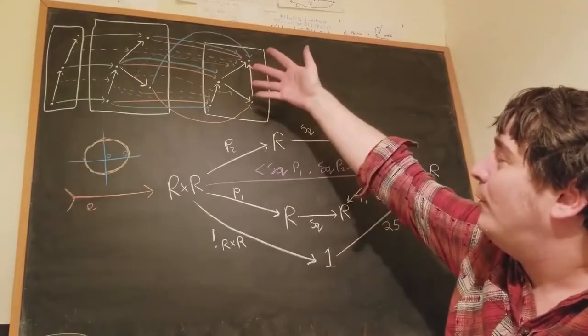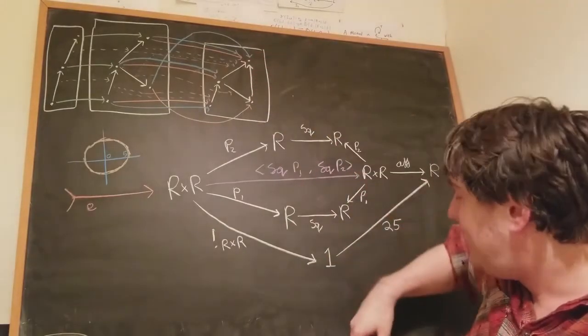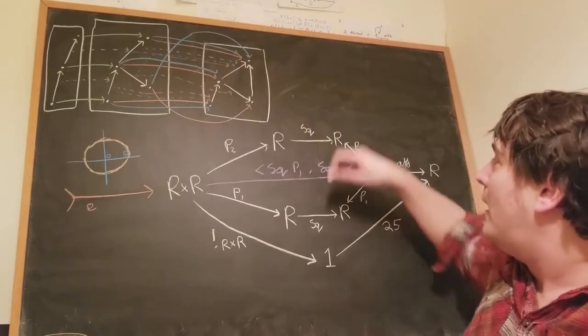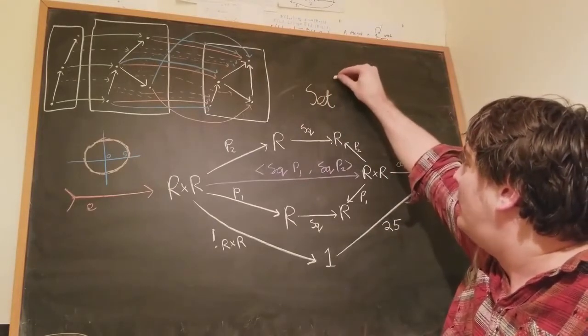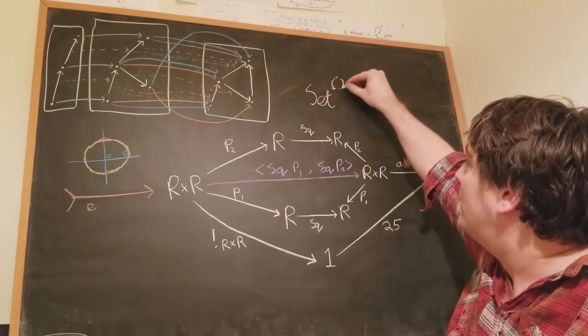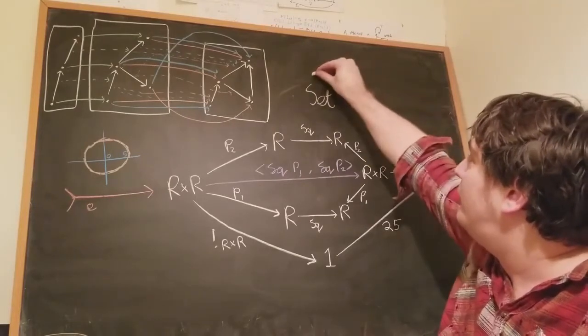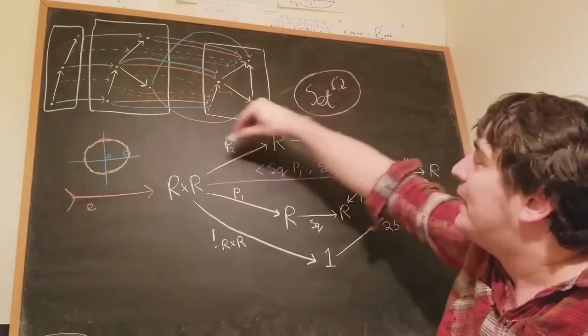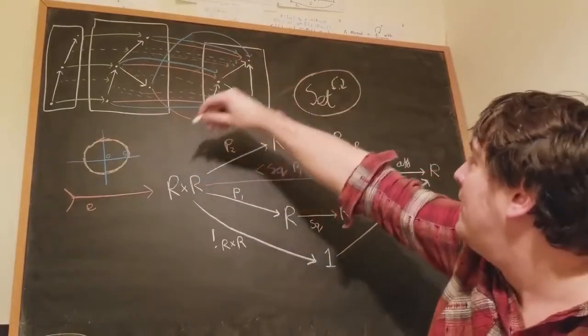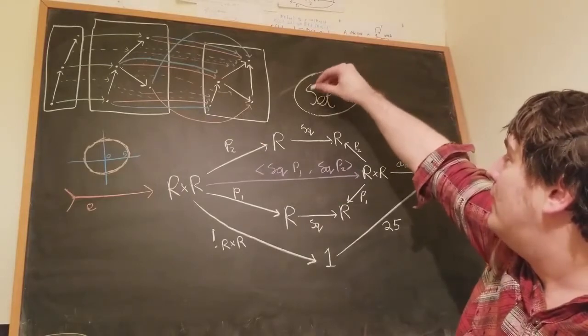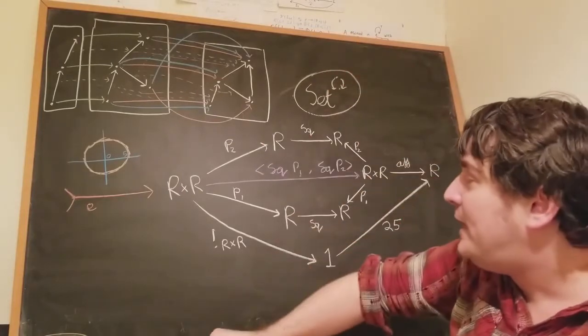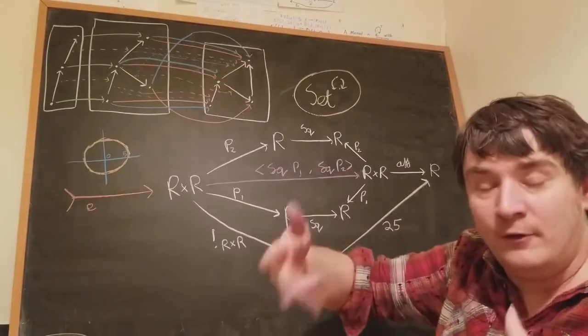So one example is in this category, which is Set to the power of this category with two parallel arrows. In other words, this is an example in the category of graphs, which is a topos. It's something of the form Set to the power of C, and each of those is a topos.